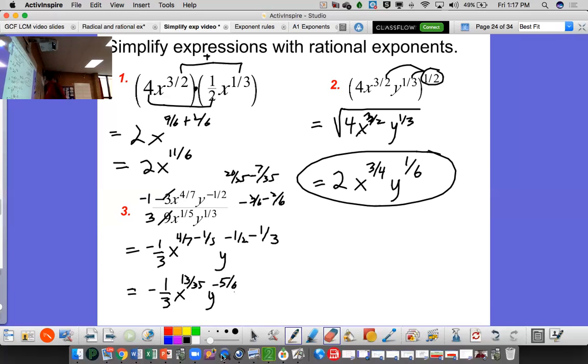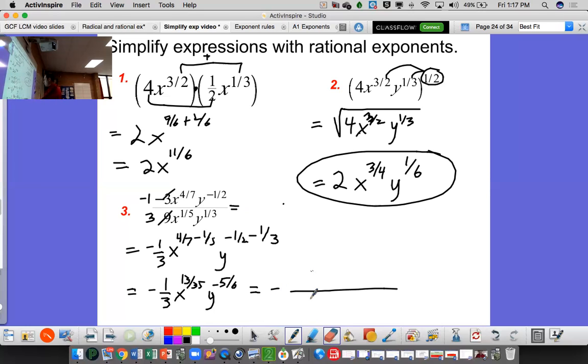I think the hardest part about this question is how you're going to write your final answer, because we do have this negative exponent thing with the y's. So I'm going to make a big bar. I got my negative sign in front.